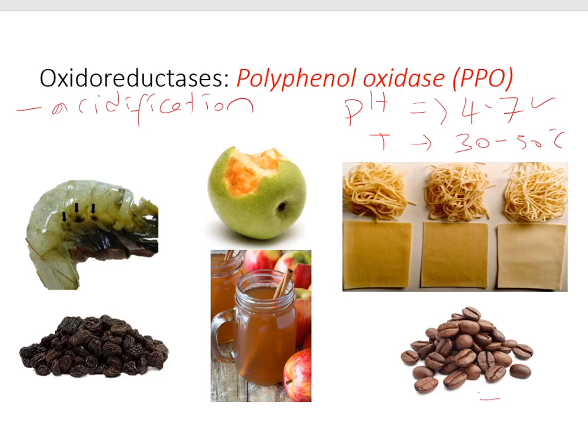So when we decrease the pH like below 4, when we acidify the medium, we will decrease the activity of the enzyme. For example, when we dip the apple slices in citric acid solution, we can prevent the formation of that brown color. So another way can be heating above 50 degrees Celsius or blanching for a few minutes.